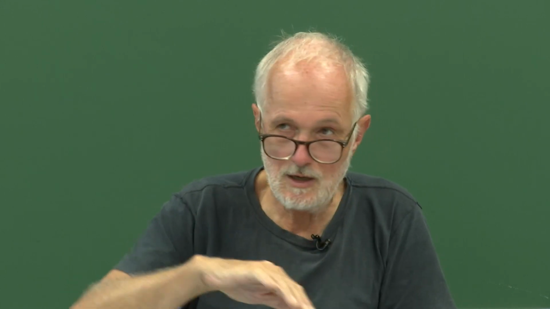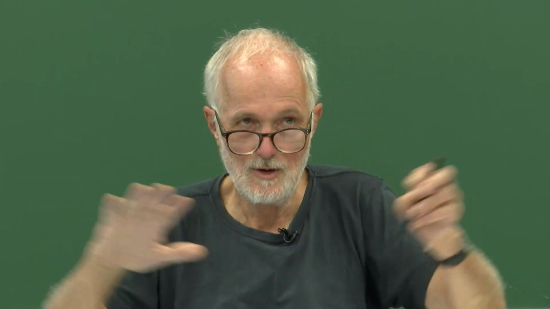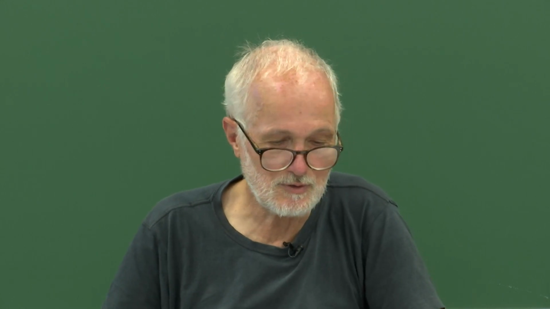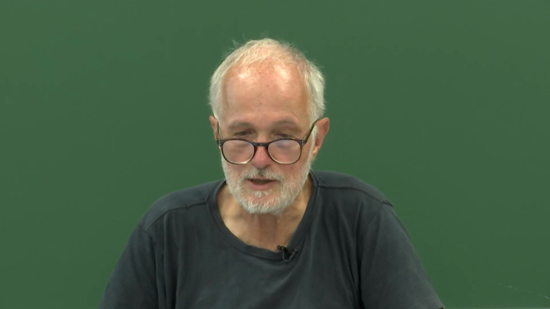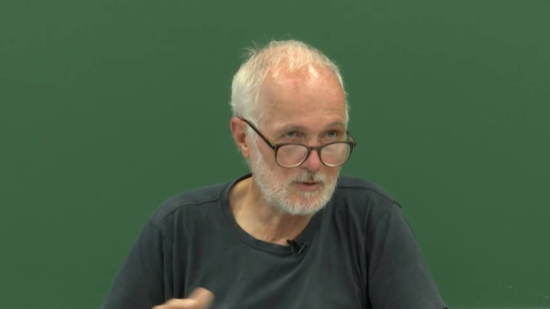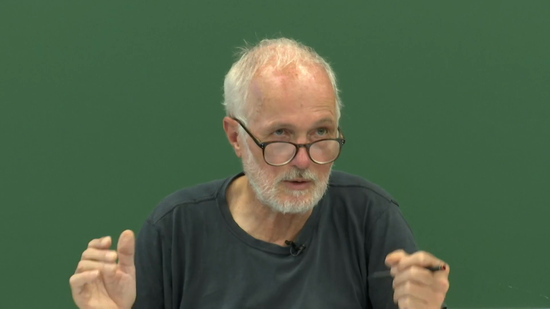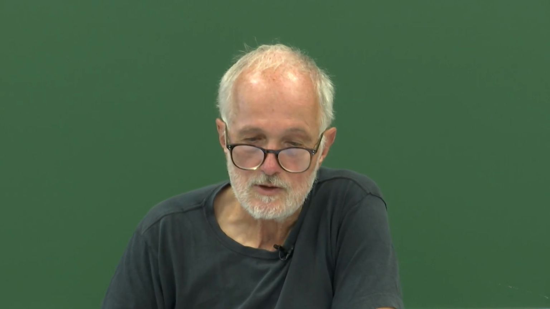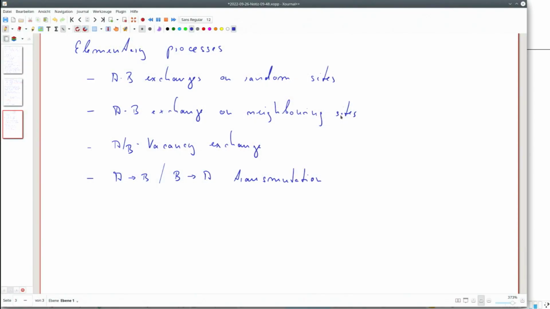So you're not stuck in one local minimum, but have a more homogeneous exploration of the configuration space. On the other side, if we are doing kinetic Monte Carlo, so studying the evolution towards an equilibrium, this is a bad choice, the first one. The second one is a moderately bad choice, and it depends on what you are looking at, but probably the third one is the best.